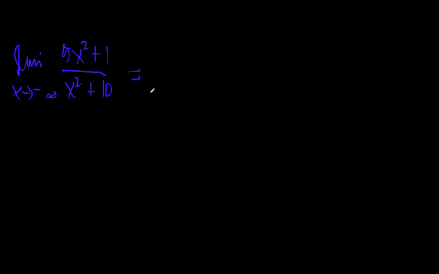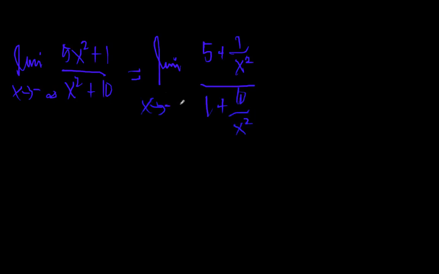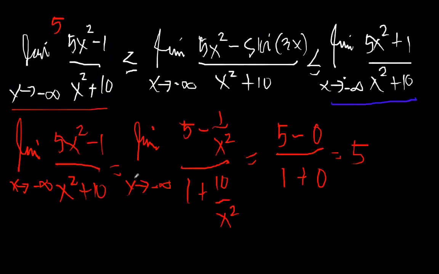Let's evaluate the limit. We're going to do the same thing: divide both numerator and denominator by x squared. So this becomes 5 plus 1 over x squared all over 1 plus 10 over x squared as x approaches negative infinity.